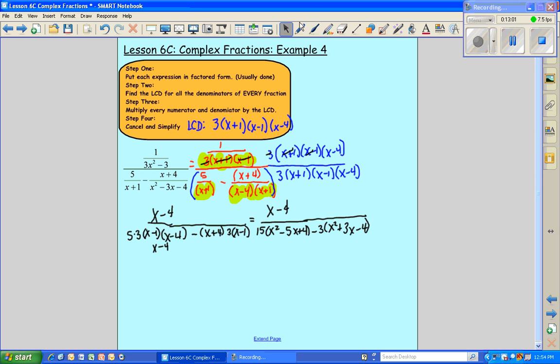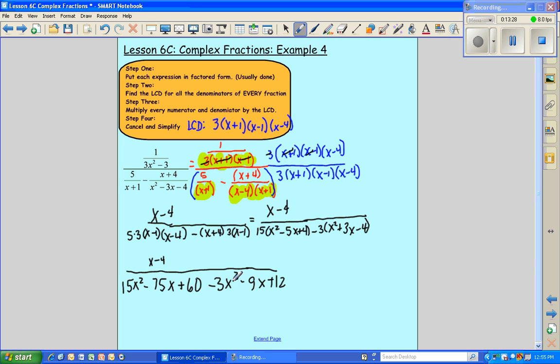Get a little more room here. All right, we're going to have 15x squared minus 75x plus 60 minus 3x squared minus 9x plus 12.